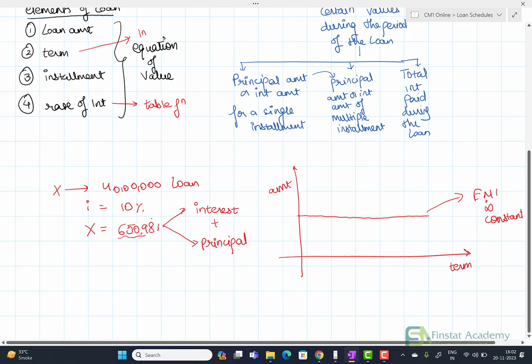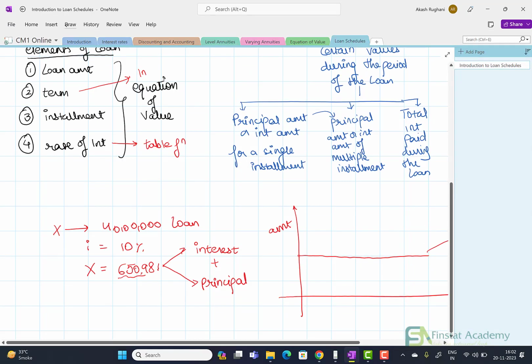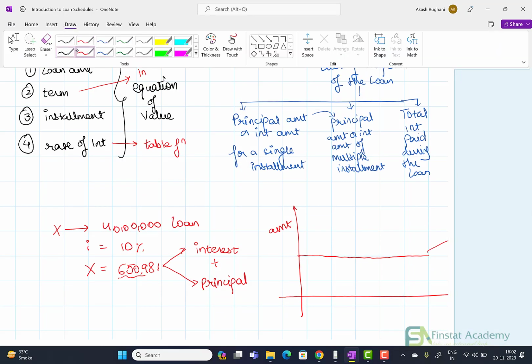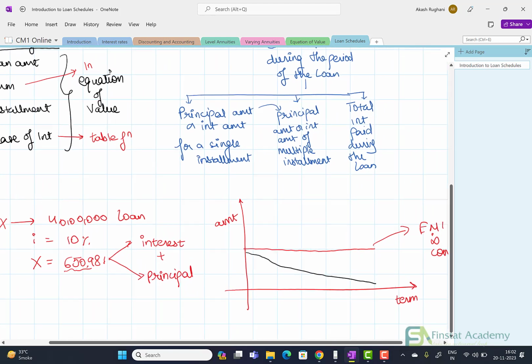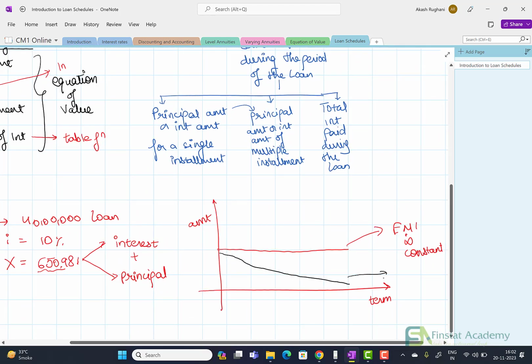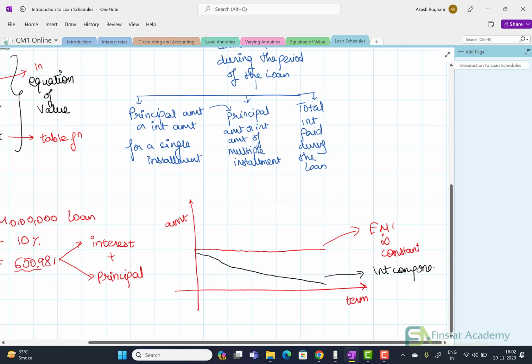Now, within that 6,50,981, some things keep on changing. The things that keep on changing are the interest and the principal. If I plot interest, initially the interest is high and subsequently it reduces. The black line denotes the interest component of an EMI.